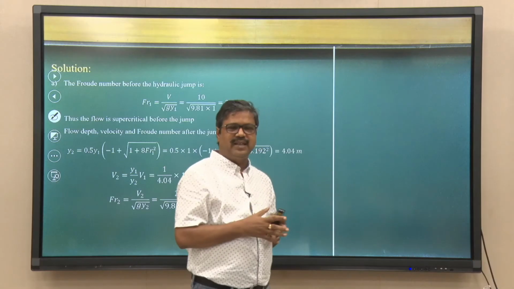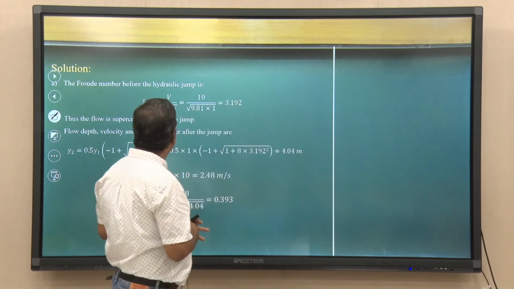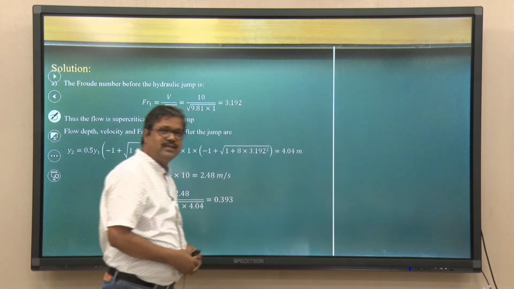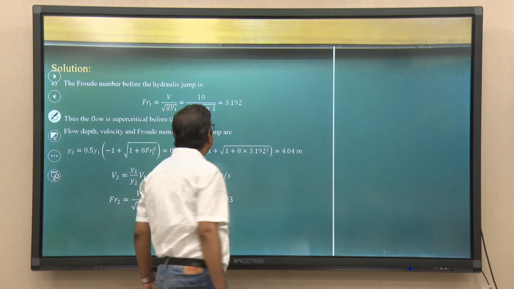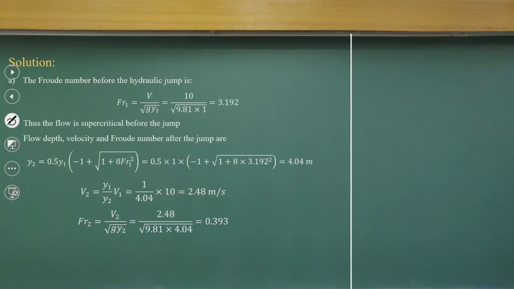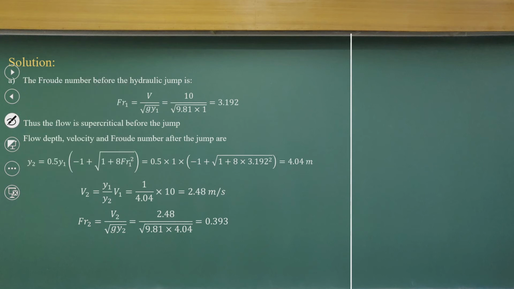Now, first we have to check whether the flow is supercritical or not. What is the flow Froude number at the upstream level? That is very simple: the flow Froude number is equal to, again I am highlighting it, the velocity of flow by the speed of the surface wave.